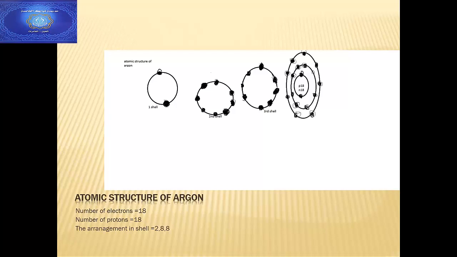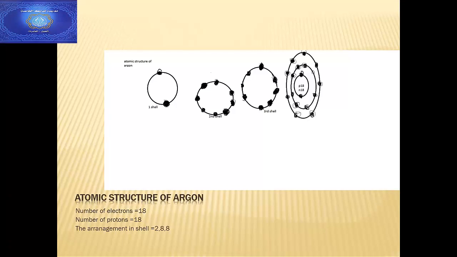We construct the first shell around the nucleus. In the first shell, how many can we accommodate? Only 2. So from the 18, 2 we draw. Now the second shell. What is the capacity of the second shell? 8. So 8 plus 2 is 10, we finished. What is the leftover? 8, isn't it? That 8 we have to accommodate in the third shell.